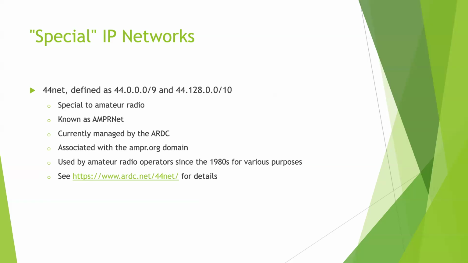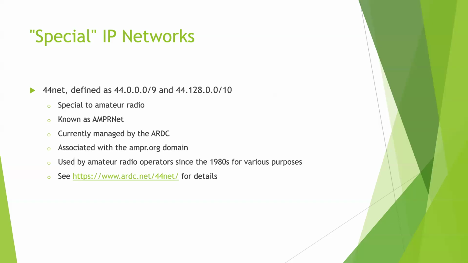There's also 44 net, which is 44.0.0.0/9. It's not the full class A. It's subnetted down 1 bit from the class A, and 44.128.0.0/10. So it's like one and three quarters of a /8, essentially, is what we're getting here. This is AmprNet, the amateur radio network.